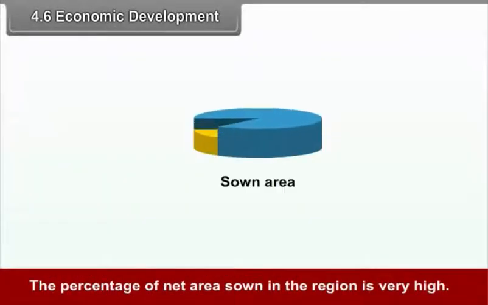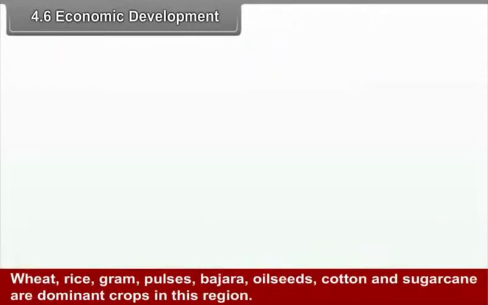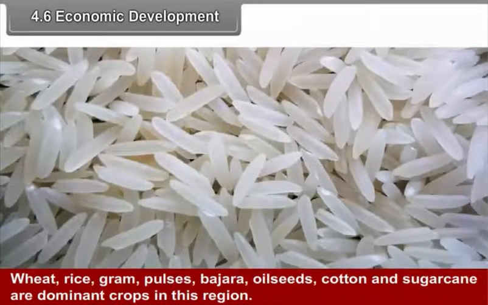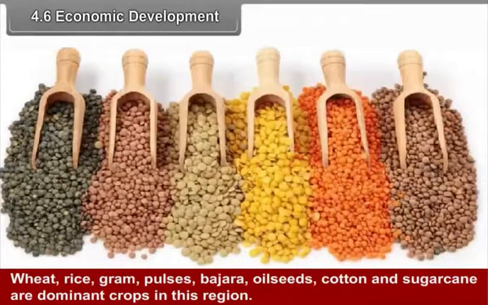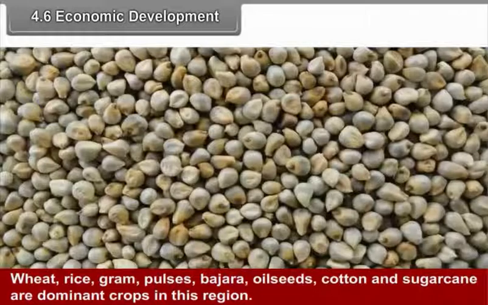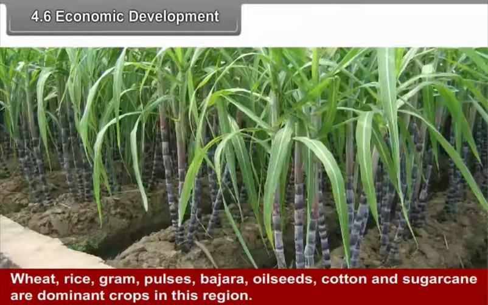The percentage of net area sown in the region is very high. Agriculture is characterized by a diversity of crops and predominance of food grains. Wheat, rice, gram, pulses, bajra, oilseeds, cotton and sugarcane are dominant crops in this region.